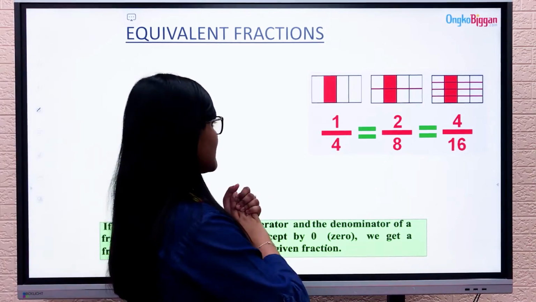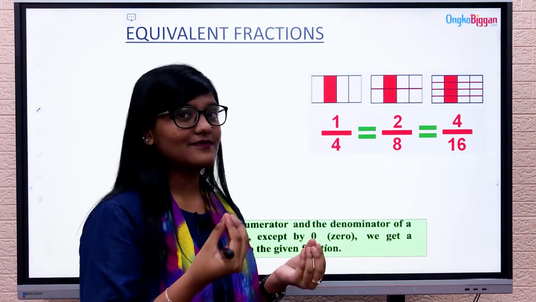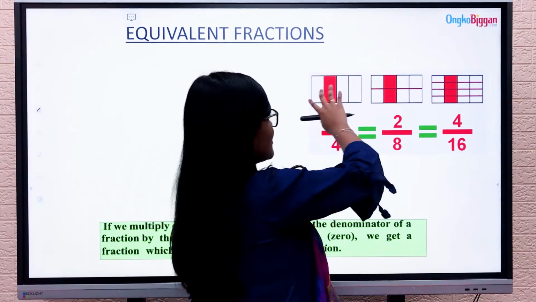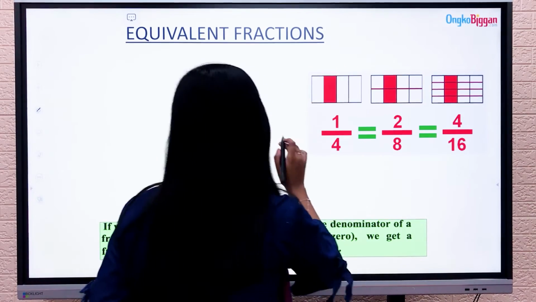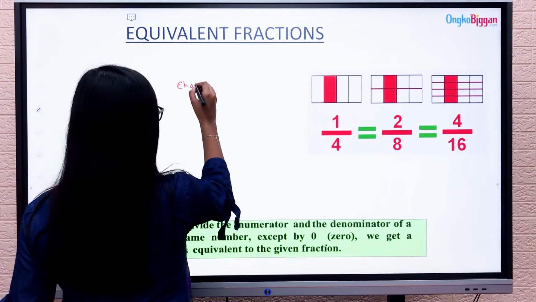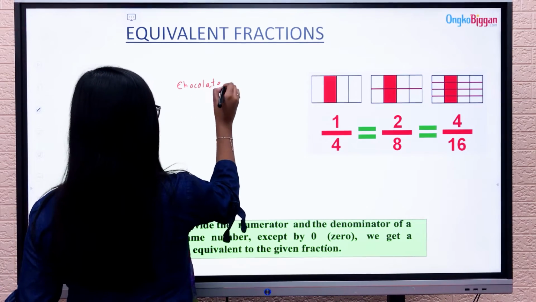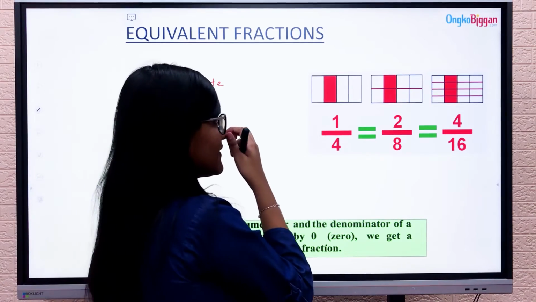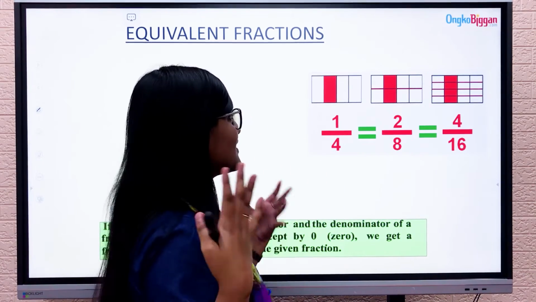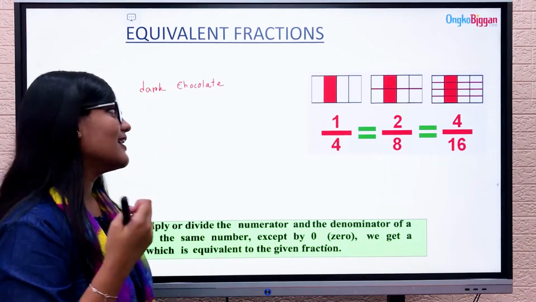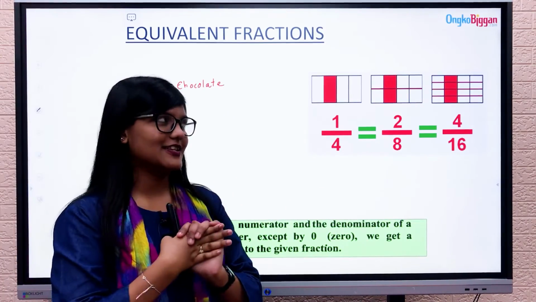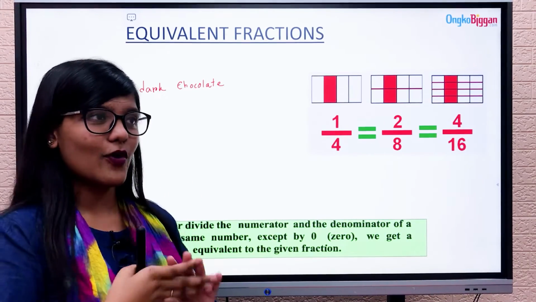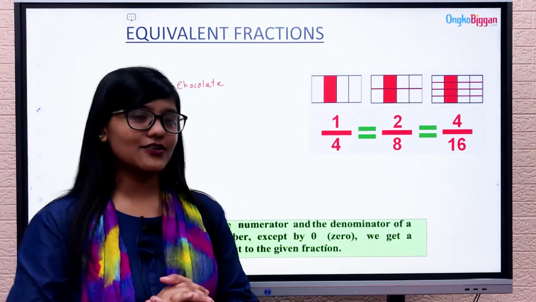So equivalent fractions is quite an interesting topic. Like you can see, let's assume this is a chocolate. This is a bar of chocolate, a dark chocolate. Suppose your father has just brought a whole chocolate bar. It's quite large, and you have 4 members in your house.